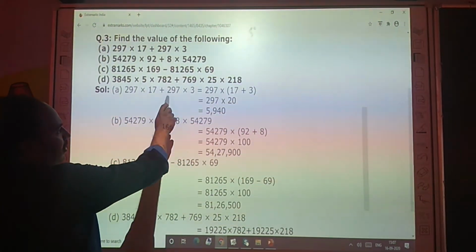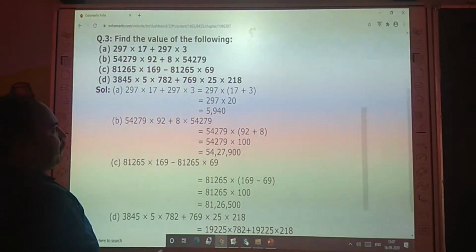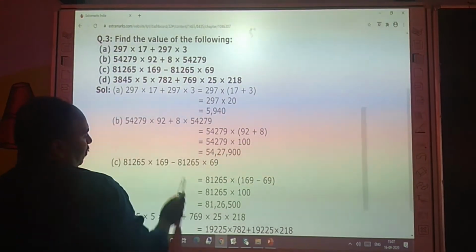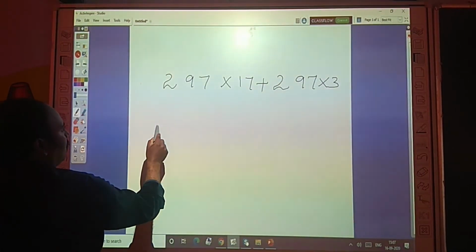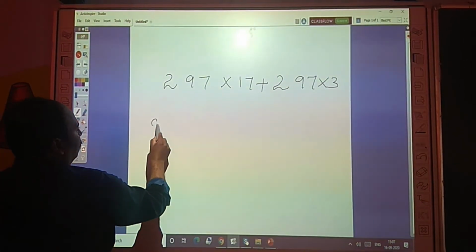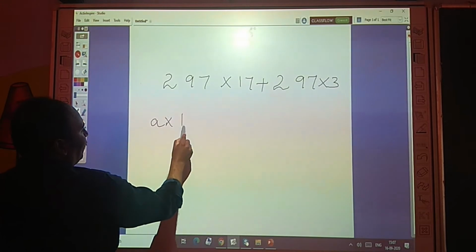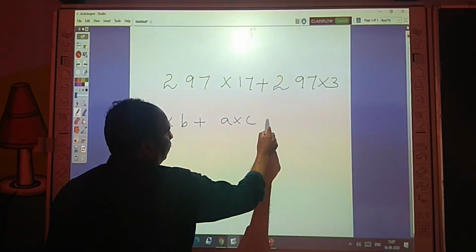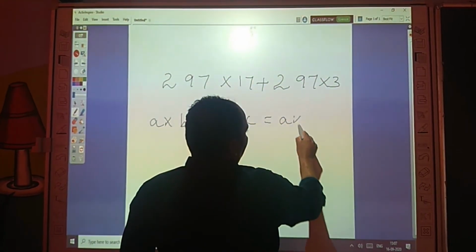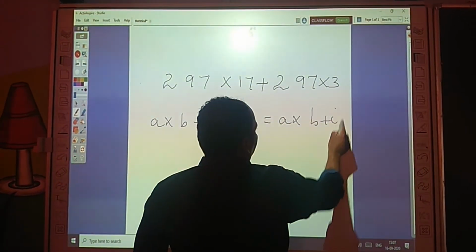We use the distributive property: A into B plus A into C is equal to A into B plus C.